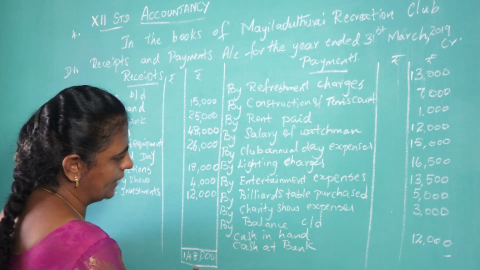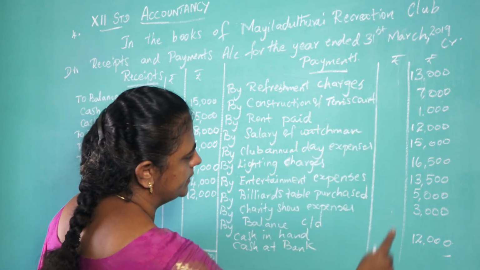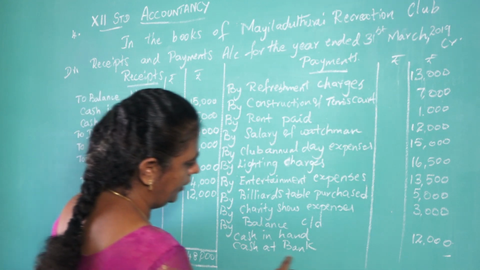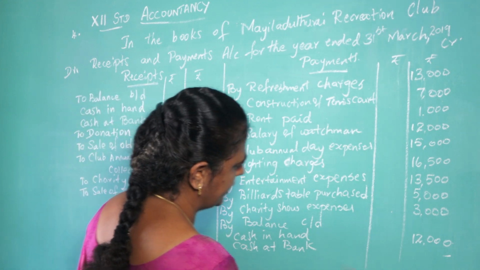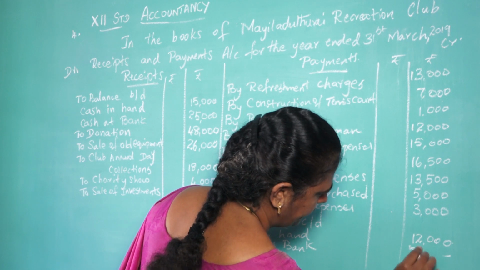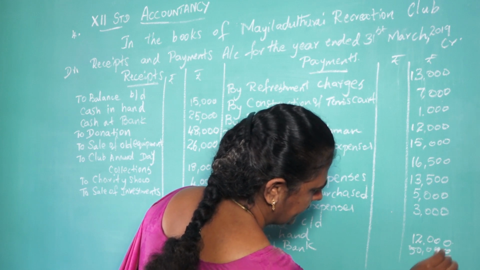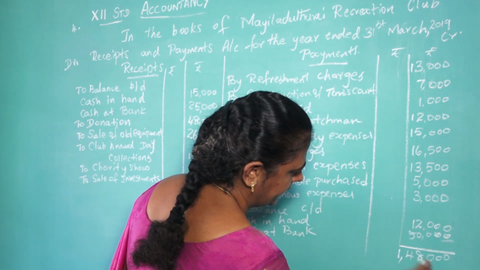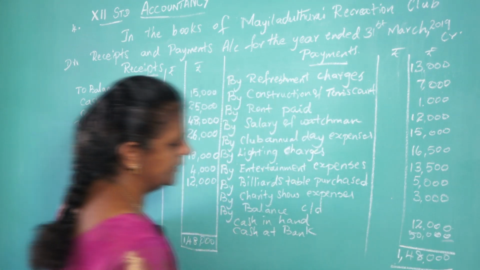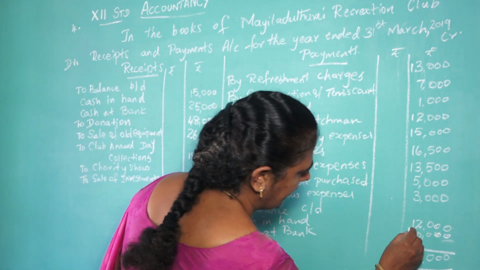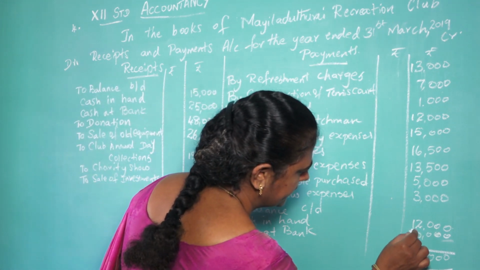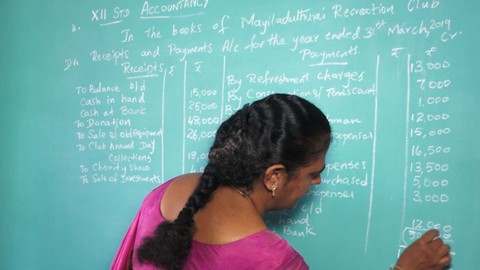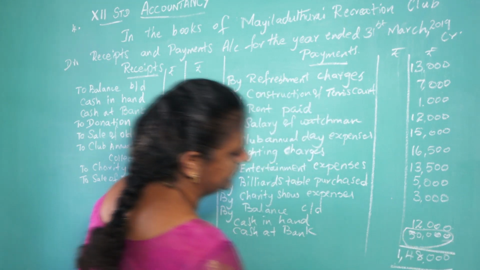Then subtract the credit total from this 1,48,000. That will give your closing balance of cash, 50,000. Then put the total, 1,48,000. So cash at bank is 50,000. That is the answer. Put a box for the answer.